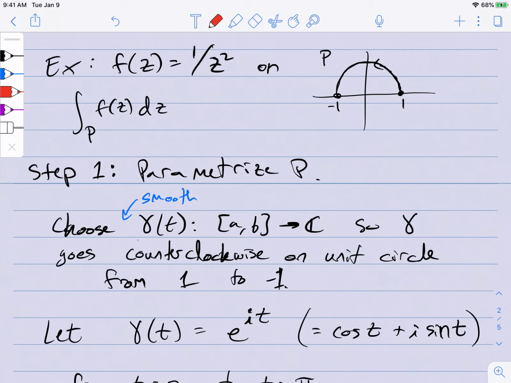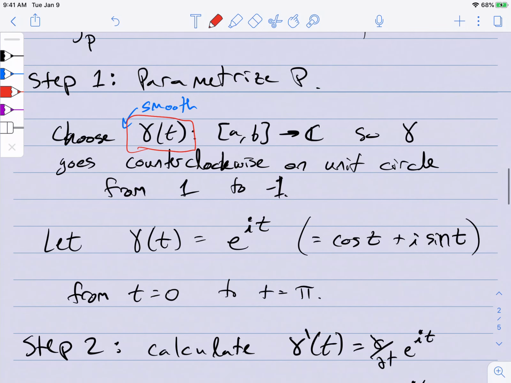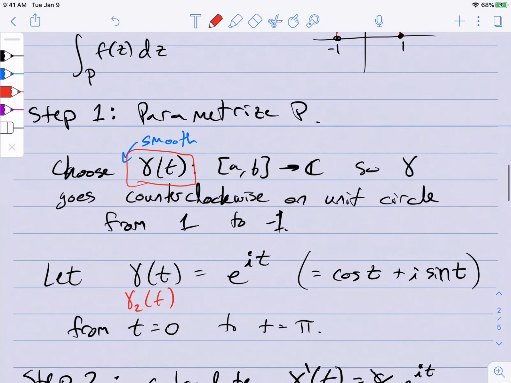But another thing is, does it depend on how I parameterize my specific path? Like, what if I had chosen gamma 2 of t to be some other parameterization of this half circle? So an easy way to do it would be like, I don't know, e to the i 2t.